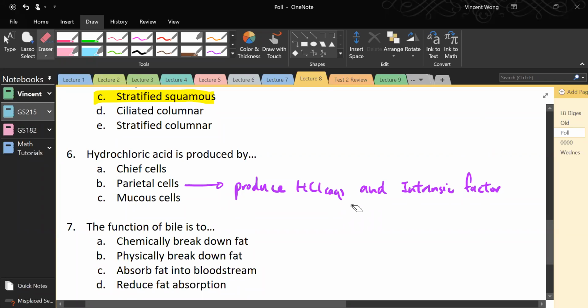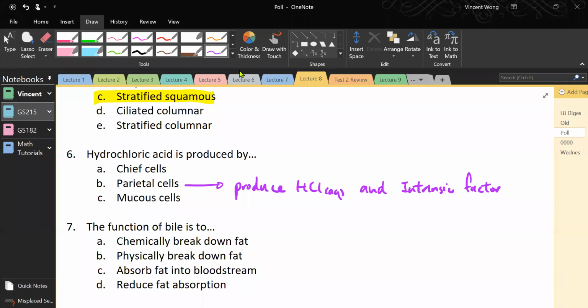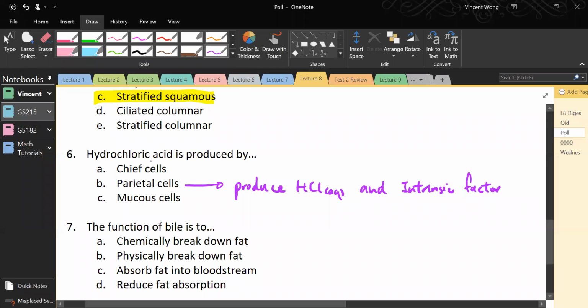And if it's broken down, then you cannot absorb it later. So it's important to have the intrinsic factor to protect it. If someone does not produce intrinsic factor, then they would have B12 deficiency, which could result in a form of anemia. You need B12 to make your red cells and hemoglobin.